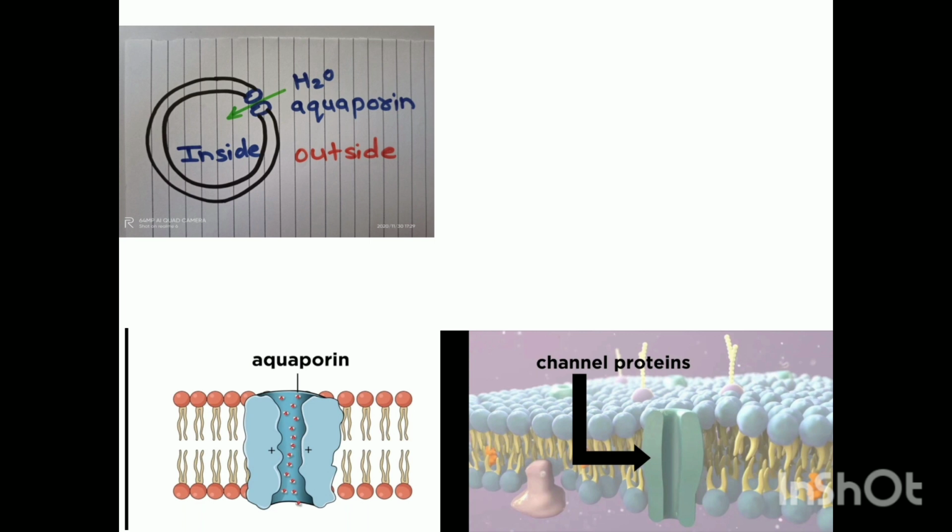Here we can see the first image. Here is the outside where the water molecule is present, and the cell membrane consists of an aquaporin embedded in it, through which the water molecule is going to enter the cell. There are also channel proteins which do the same function.